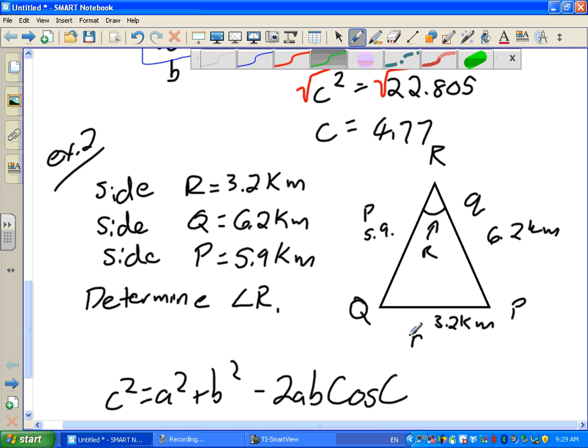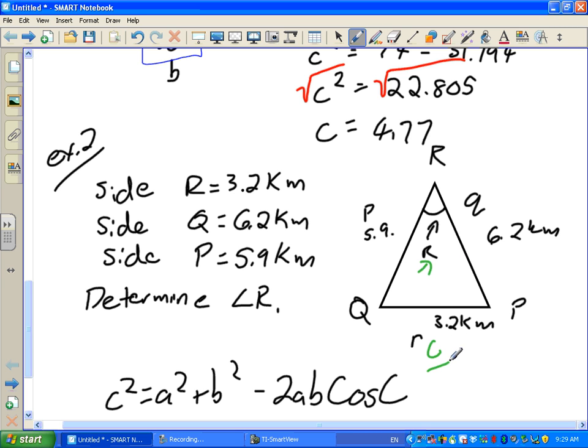So since we are looking for R, side R will now be our new side C. Angle R will be our new angle C. The other two, doesn't matter. I'm going to call that A and that A. I'm going to call this B and B. Make sure when you're using cosine law, whatever angle you're trying to find, that is your side C when you go to set this up.